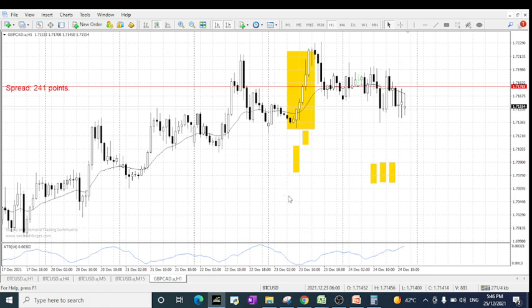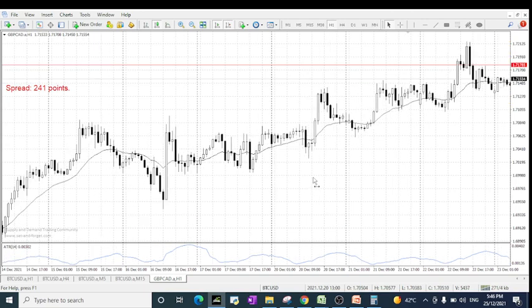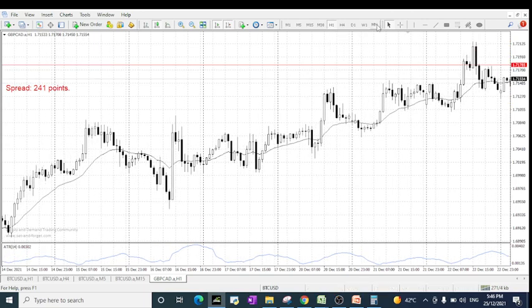So what you have is price will move up, pause, go down a little bit, then continue to move up. If you look at this area of a chart, we moved from the bottom of the screen to the top of the screen. But how did we get there?